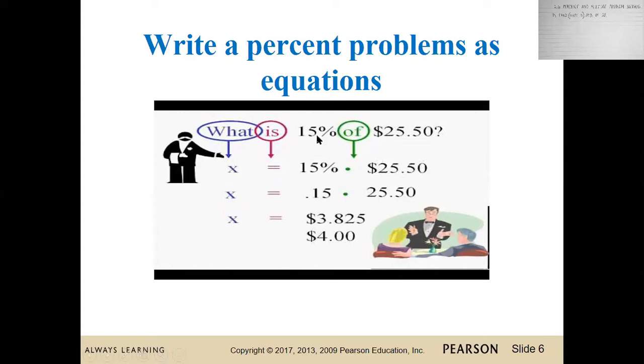Now, I'm going to talk a little bit about percent and the way I write percent. If you look at this word problem here, 15%, they right away convert it to a decimal. And I don't necessarily do that. Anytime I see the word percent, I'm going to write it as 15 over 100. Actually, 15 over 100 will simplify into 0.15, but that's just the way I do it.